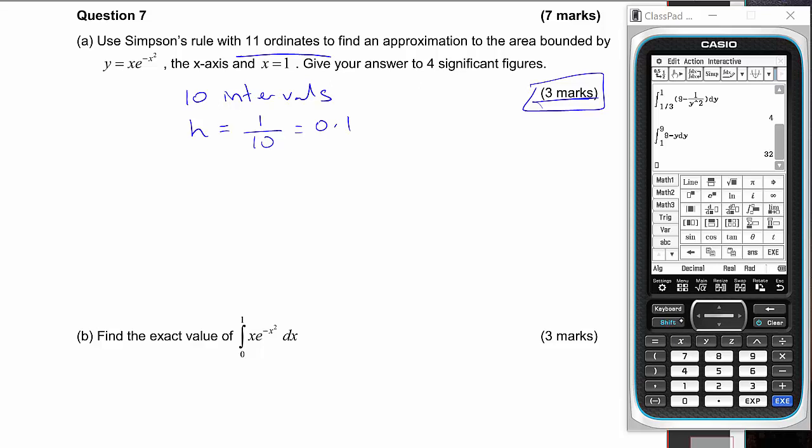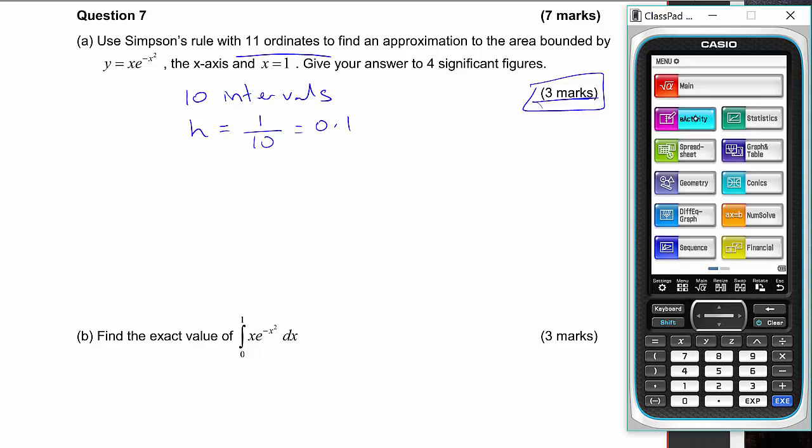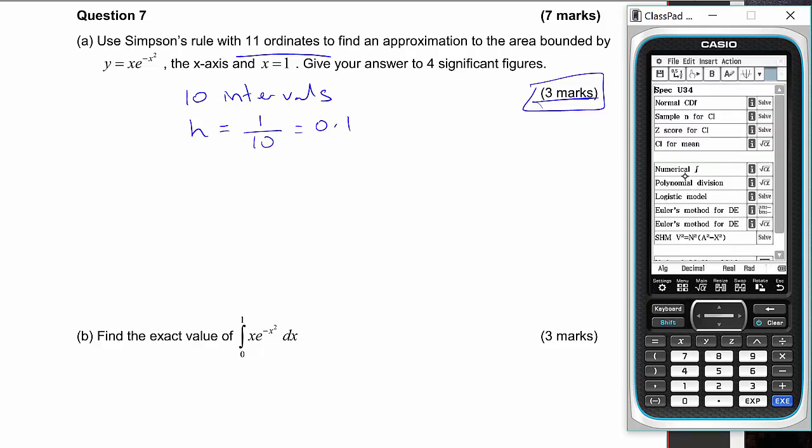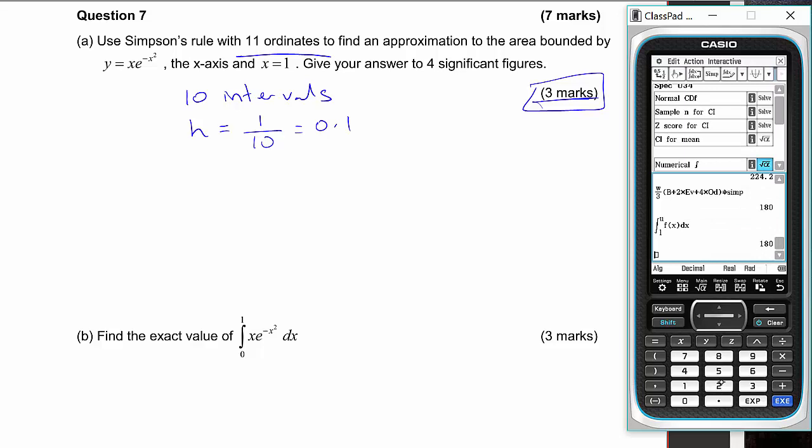So what we're going to be doing is going to the e-activity for this, which is numerical integration. We've got it just here. And what I need to do is change that from the example we did in class last week to this new one. I do believe when you do this one, you've got to be just a little bit careful how you put it in.